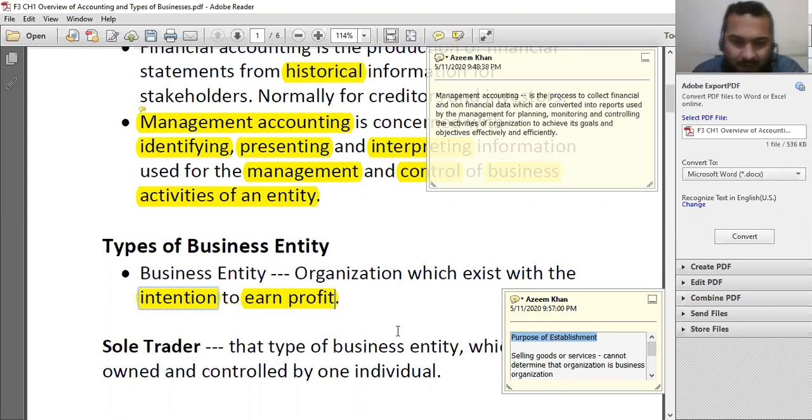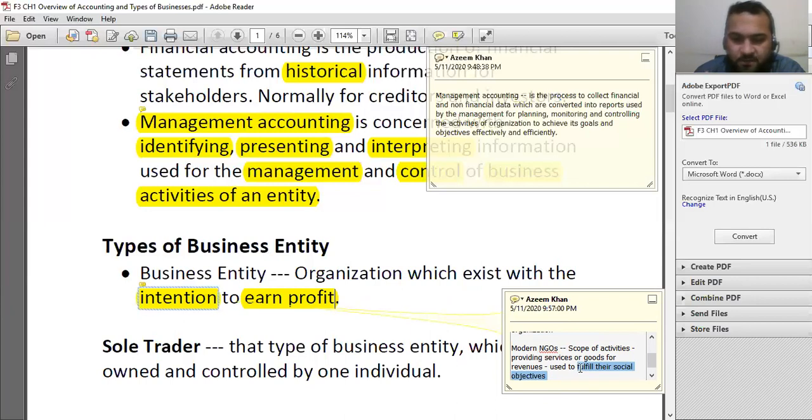Clear? It is clearly given in the definition that an organization which exists with the intention to earn profit becomes a business organization. In the NGO, they are selling goods and services, but their intention is what? To fulfill their social objectives. Their intention is not earning a profit.